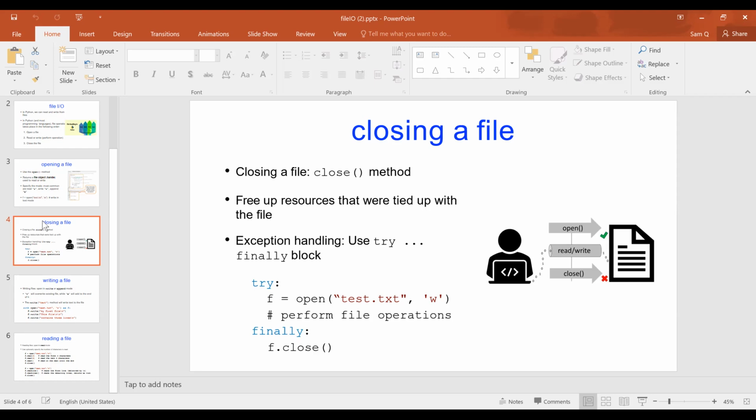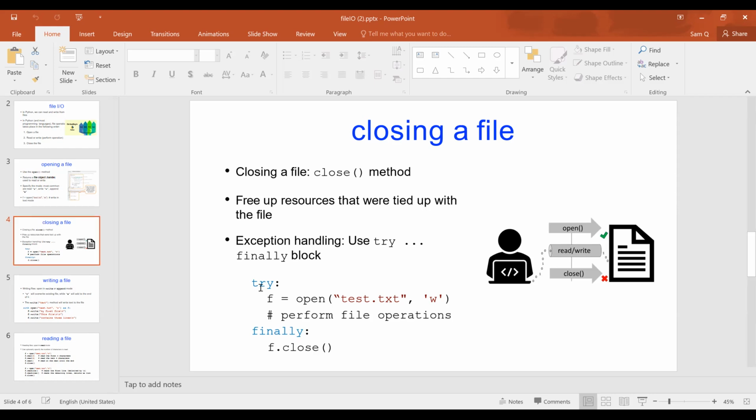But when you open the file, you meet a lot of problems when you write, or sometimes you have exceptions. Maybe when you open a file, you already allocate memory, but then you can't find that particular file, for all kinds of reasons. Then your program terminates unexpectedly, and you haven't done the close.